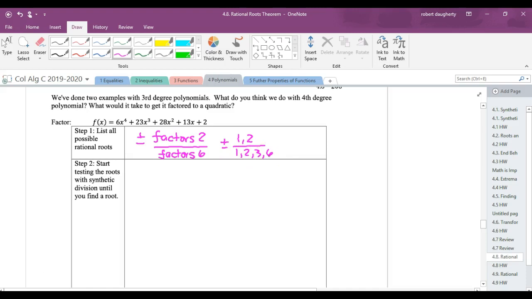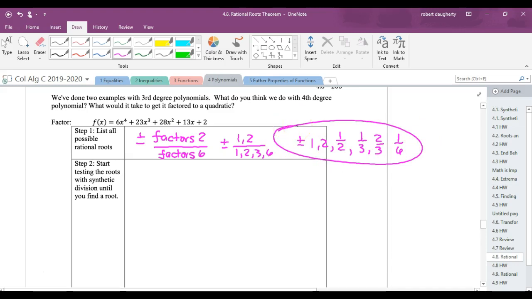So this list is plus or minus 1, 2. Divide every number by 2, and you get 1/2 and 2/2. Divide every number by 3, you get 1/3 and 2/3. Divide every number by 6, and you get 1/6 and 2/6. What is 2/6? That's 1/3.